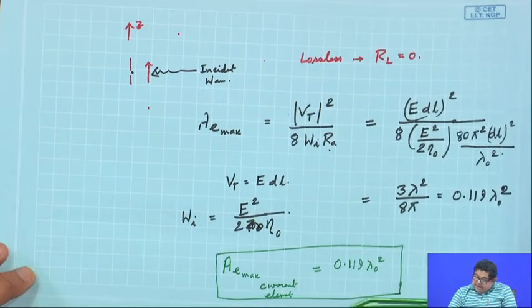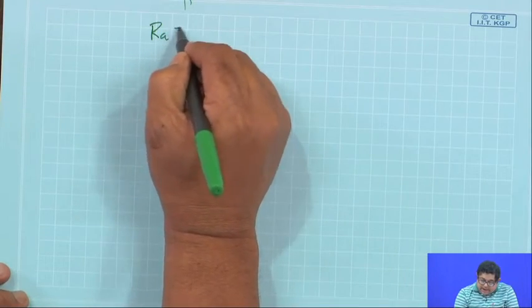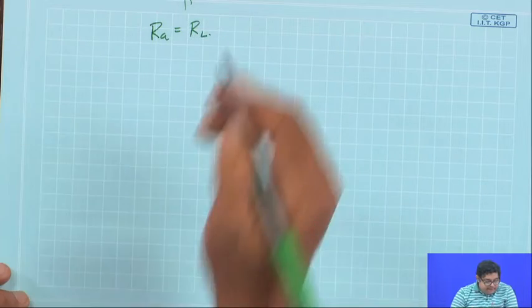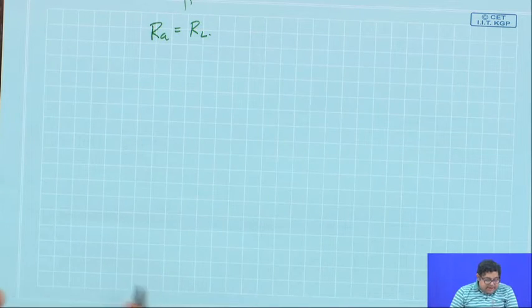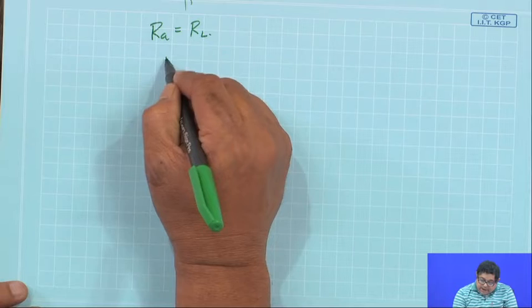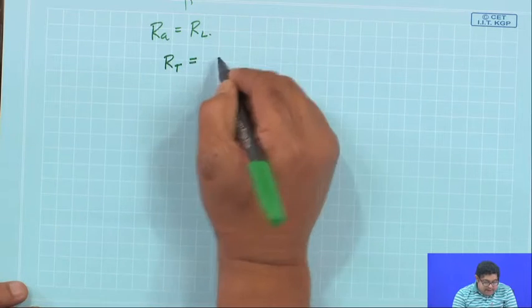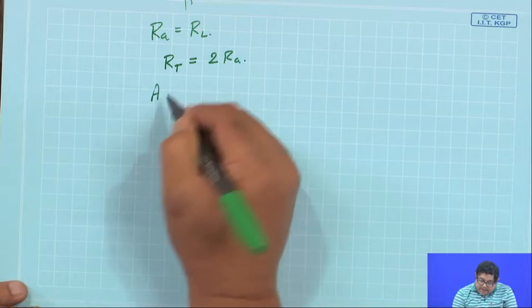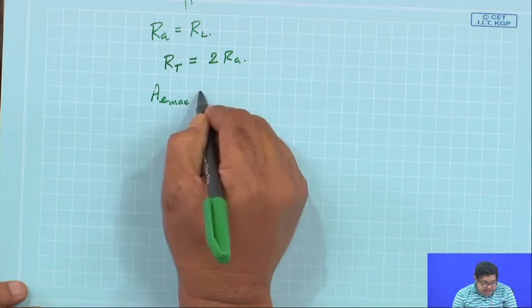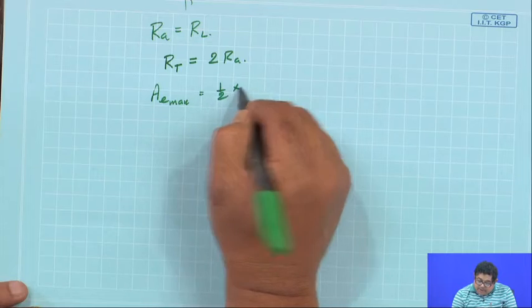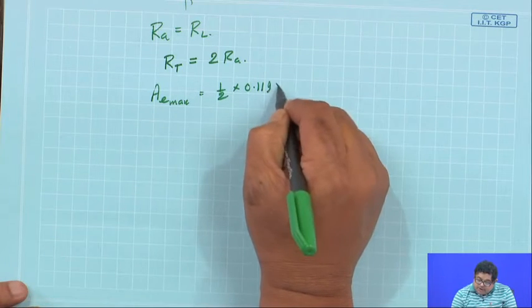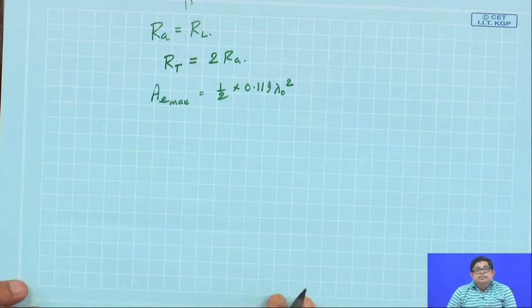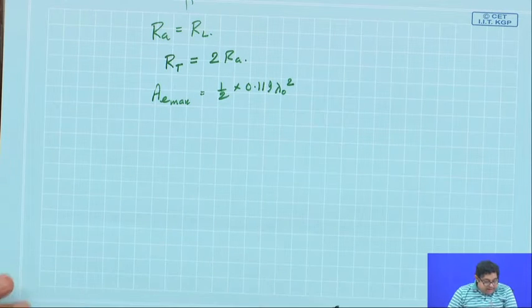So, if we take that there are losses, and let us say that R A is equal to R L, in that case the total R T will be 2 R A, and at that time the Ae max value will become half of this. So, for a lossy current element, the Ae max will be less also.